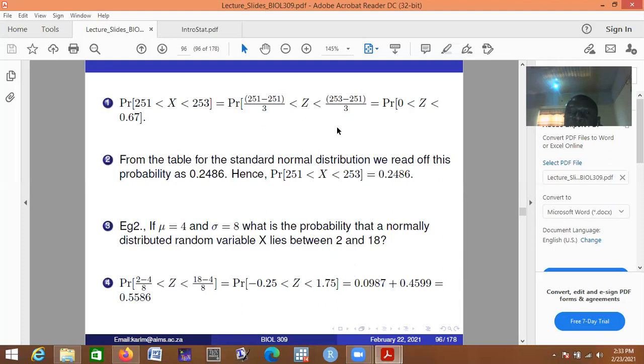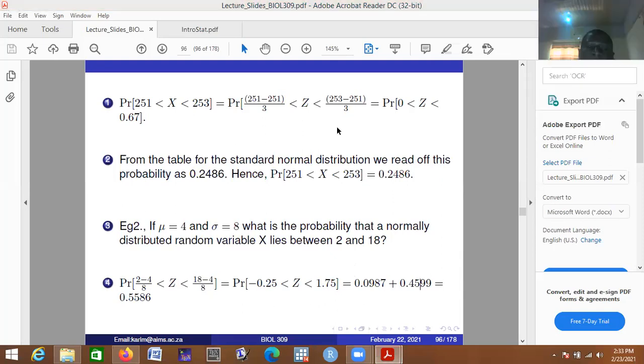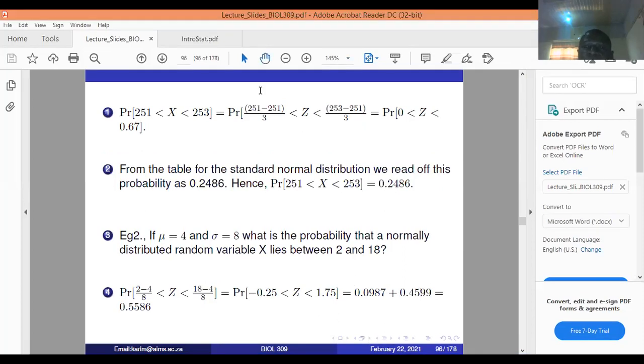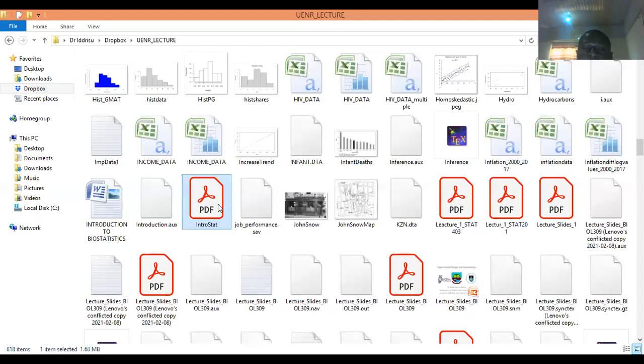So on the table, we are going to read negative 0.25. Oh, I'm opening the same thing. Where is my, let's see. So in this table, can you see the table?